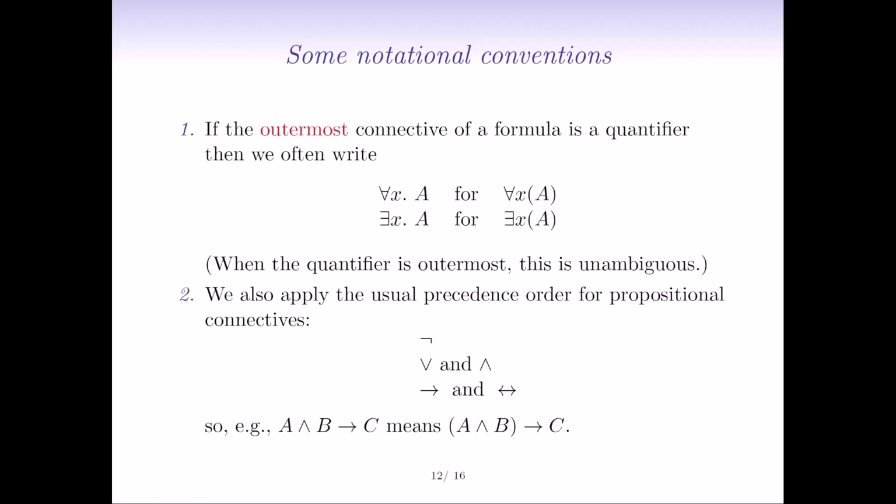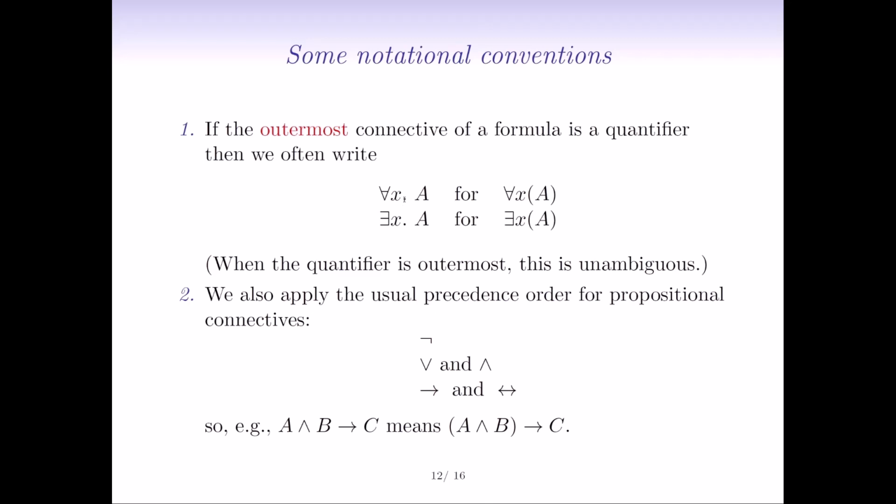The first thing, which is really common, is that if you write a formula and the outermost connective is a quantifier, so the formula is of the form for all x something or exists x something, or even a block of nested quantifiers, for all x exists y for all z and so on, then quite often I'll drop these outermost brackets and just write a dot after the quantifier, which is a bit easier to read.